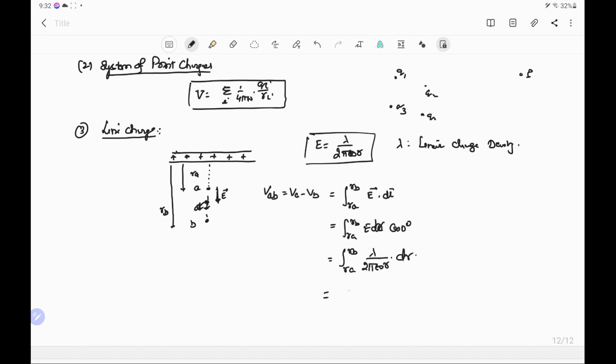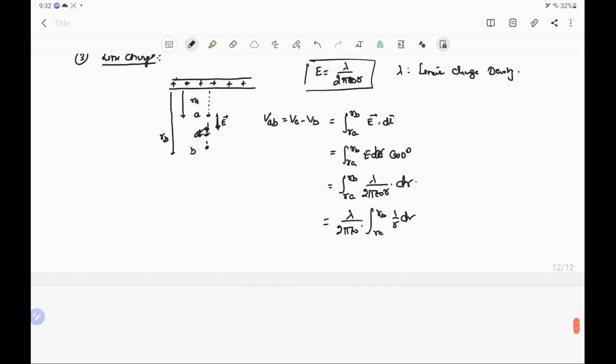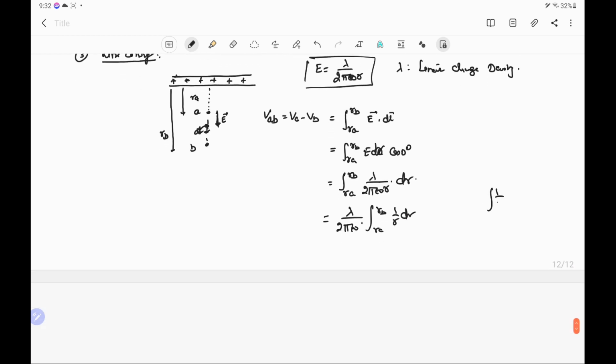Now constant terms are taken out of the integral. It is lambda by 2 pi epsilon naught, and then integrating Ra to Rb 1 by r dr. Integration of 1 by x dx is ln x, so that is equal to lambda by 2 pi epsilon naught log r, with limits Ra to Rb.